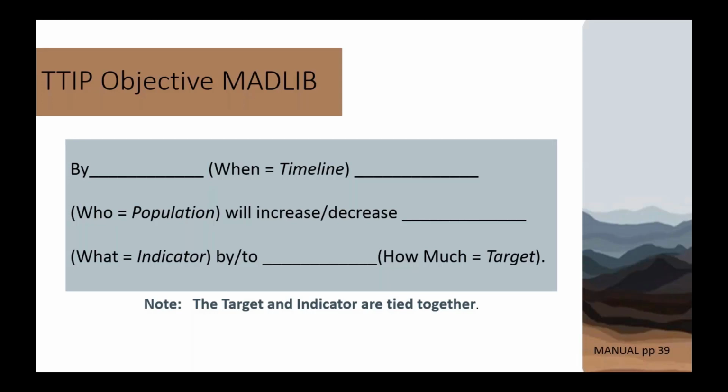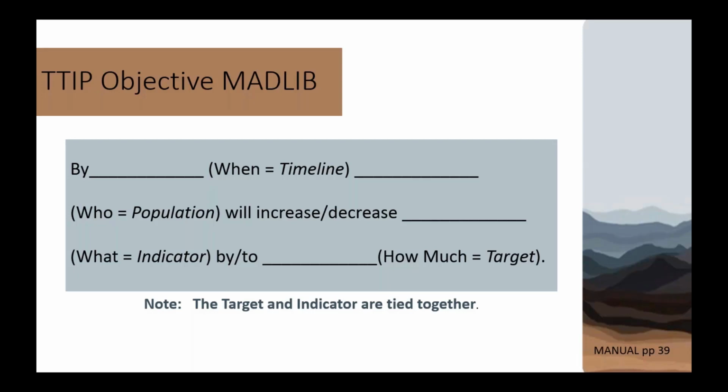Okay, so for the first one, we're going to go by, insert the timeline. So by the end of year 1, by the end of the project, who, our tribe, fill in the blank tribe here, will increase. I threw in increase or decrease because those are the most common, but you can wordsmith them later to suit your purpose.